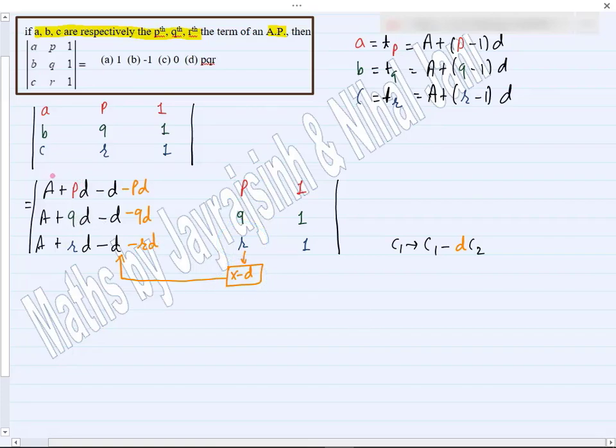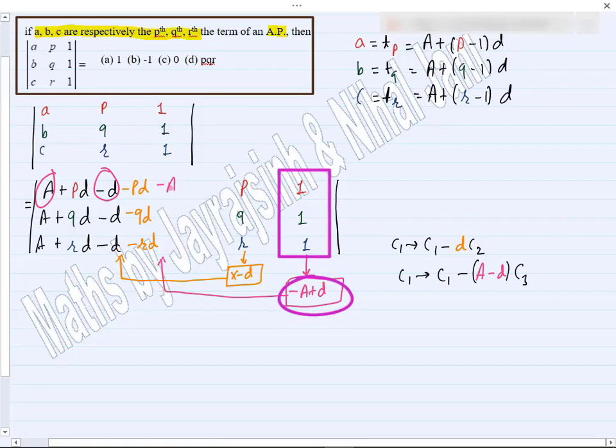Similarly, we can remove A and minus d, which are the constant terms, by taking C1 gives C1 minus (A minus d) C3. That means we have to multiply minus of A minus d, or we can say minus A plus d, with the third column and add into the first column.